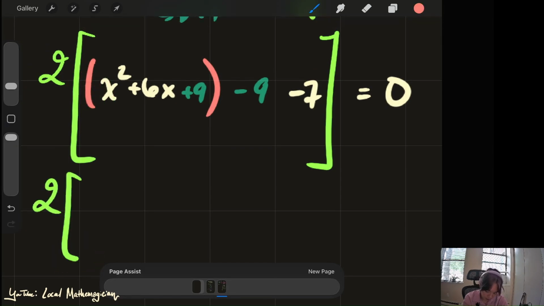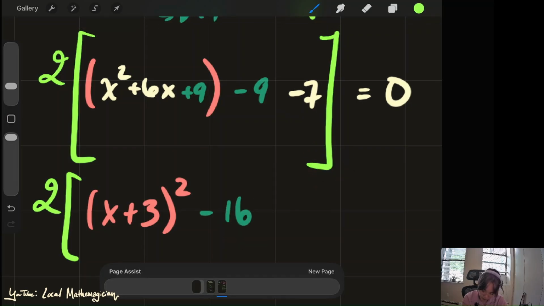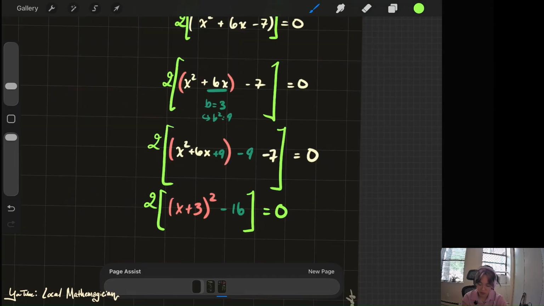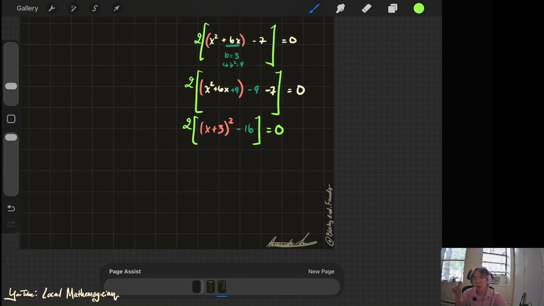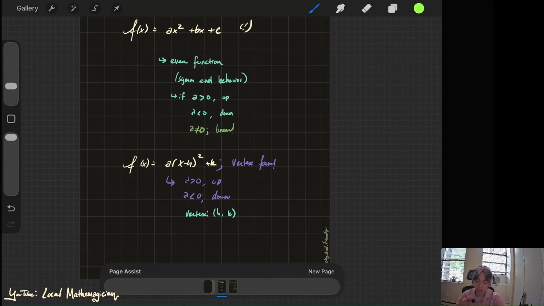And if you do this, you'll find this is the same as saying 2 big old parentheses x plus 3 squared. Negative 9 minus 7 is negative 16. And this guy is equal to 0. But what did we say vertex form was again? We said vertex form was a times x minus h squared plus k.